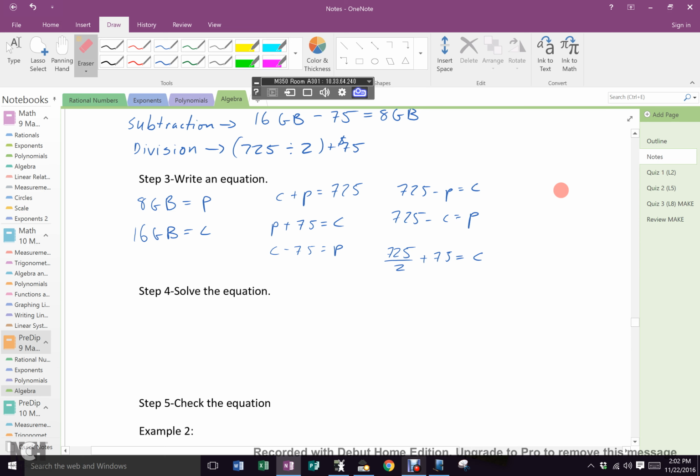Ah, I almost got you. No. 725 divided by 2 equals just P, right? Because it's the cheap one. Look at how much math you know to do that question. Will any one of those 1, 2, 3, 4, 5, 6, 7 equations work? Any one of them could solve this for us, yes? Really?